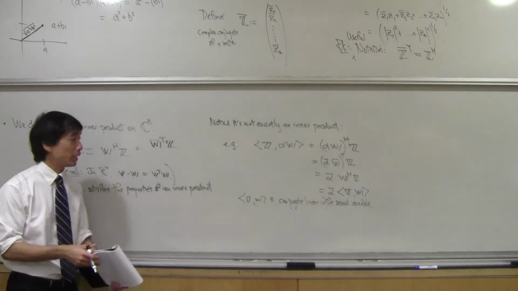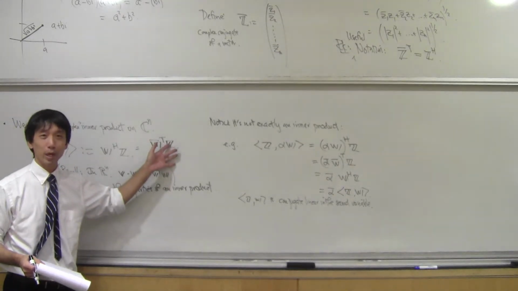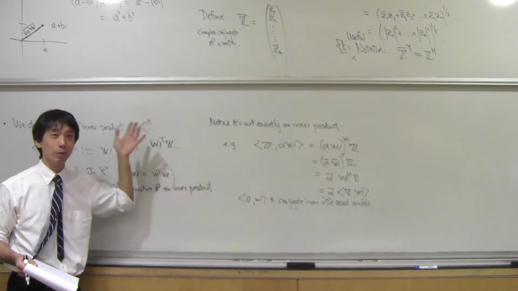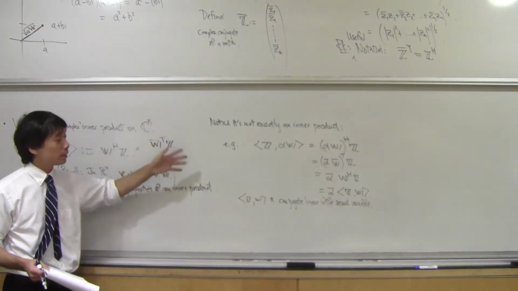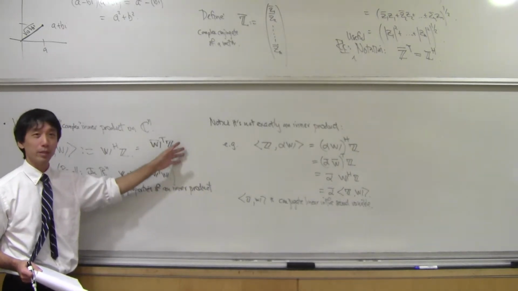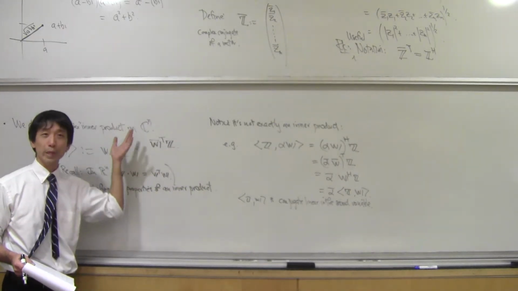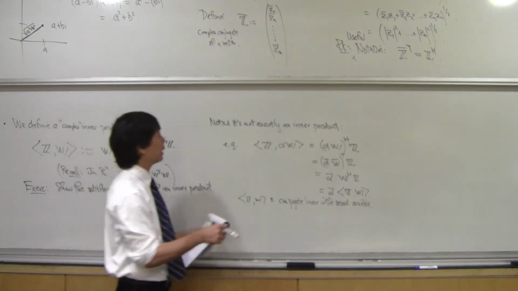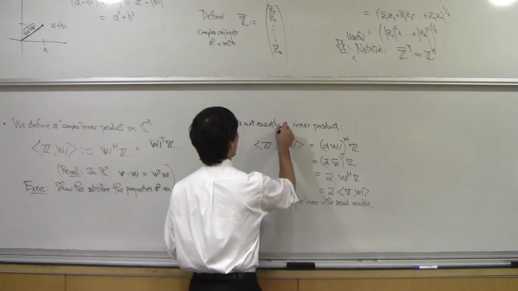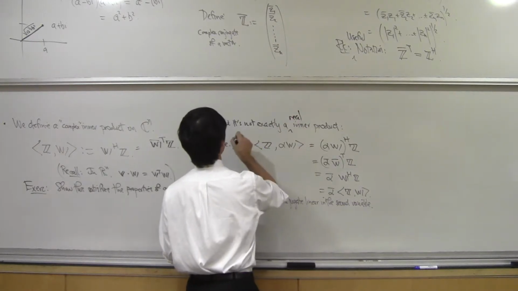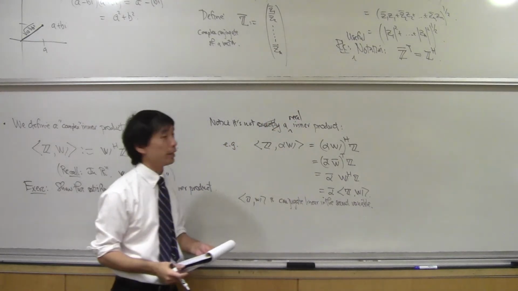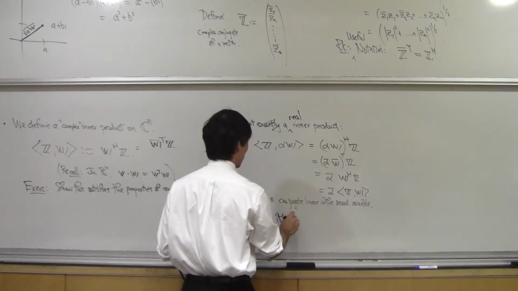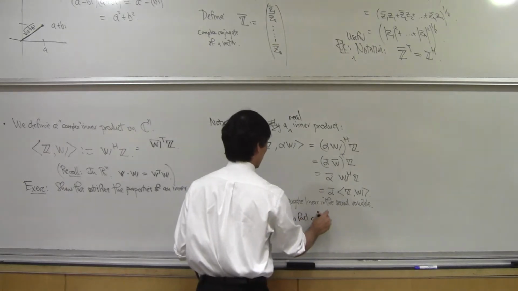It's okay to have inner products that are conjugate linear in the second variable, but we distinguish between them and our old inner products. These are called complex inner products, and the other ones are called real inner products. So this is not a real inner product. It is in fact a complex inner product.